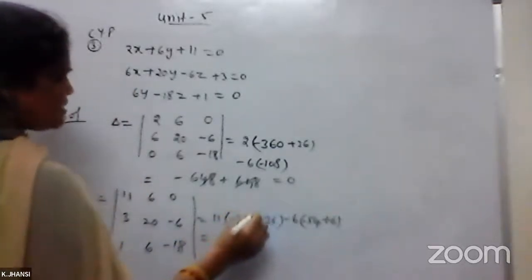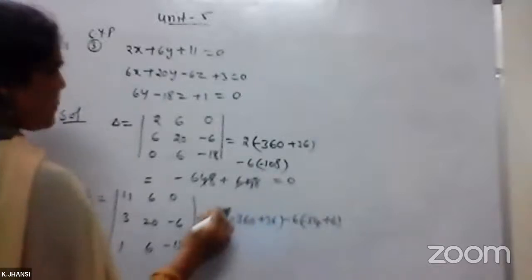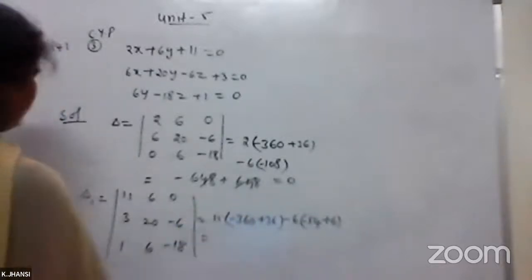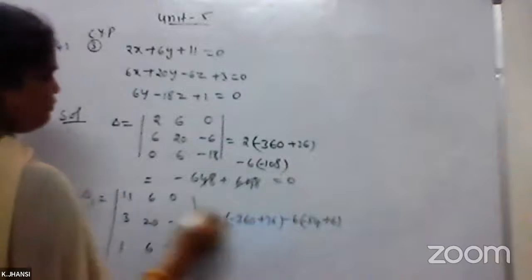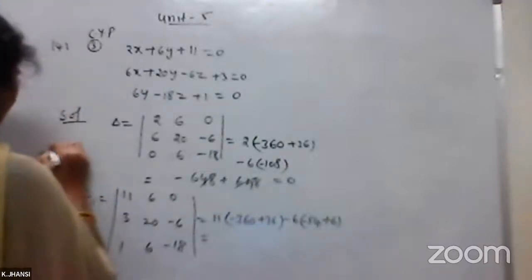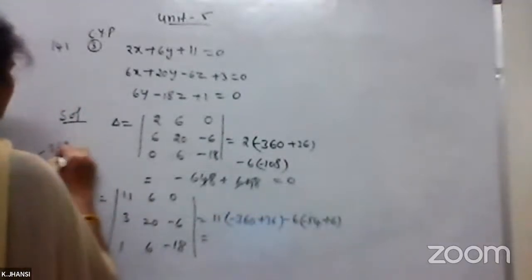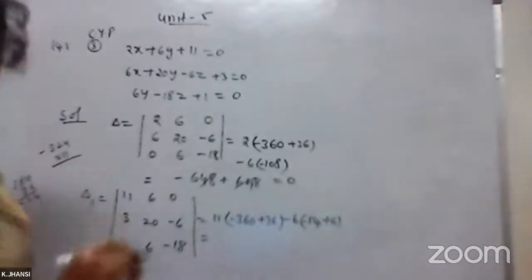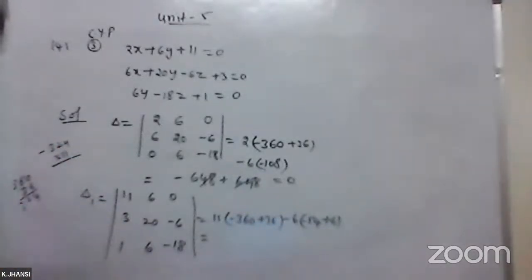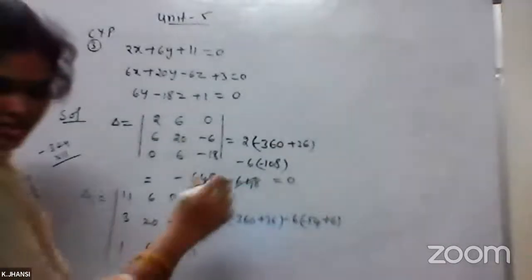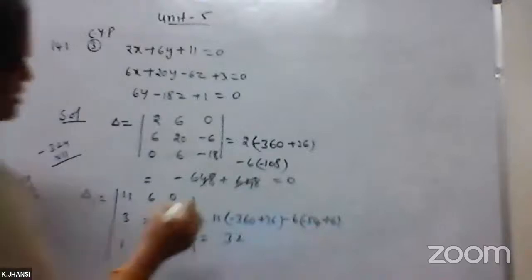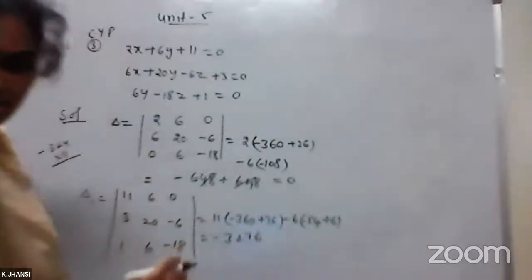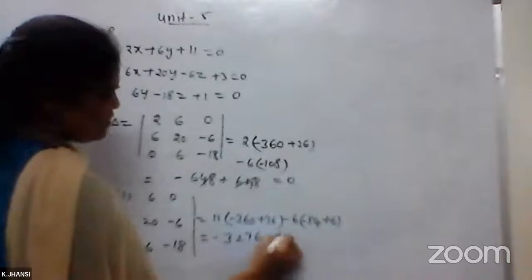So you will get minus 324 into 11. You get a larger value, and if you simplify this, it is minus 3200 and something. So it is not equal to 0. This is the first, delta 1.